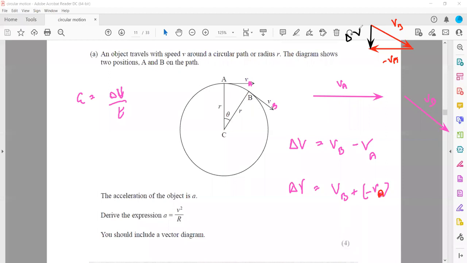That will give us the change in velocity, or we can also say delta V. So this is the vector diagram for the change in velocity, VB minus VA. And the angle between VA and VB is equal to theta.